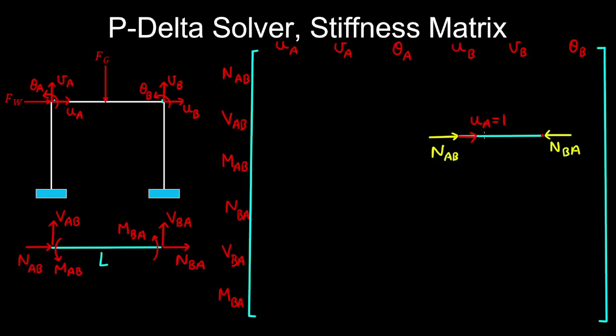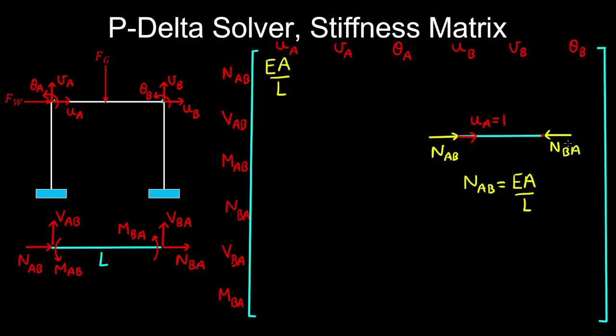So in this configuration, our element behaves like a bar element. So it undergoes axial deformation and no bending deformation. So therefore the axial force at A is the axial stiffness by the unit displacement. So that's our first stiffness coefficient that goes in row 1, column 1.